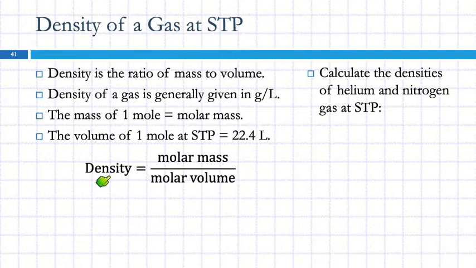So the density at STP will be the molar mass divided by the molar volume. So let's calculate the densities of helium and nitrogen. Well, the density for helium will equal the molar mass of helium divided by the molar volume.